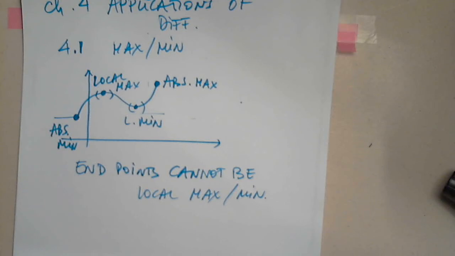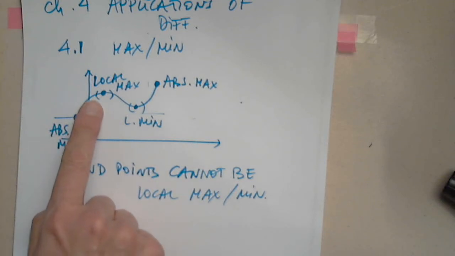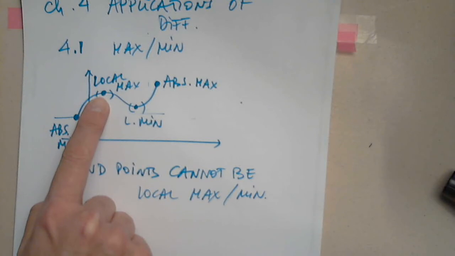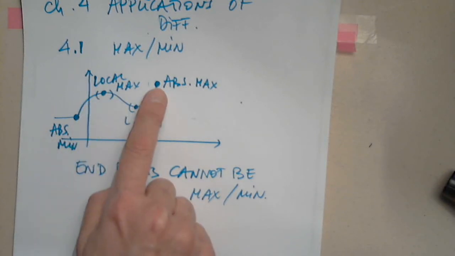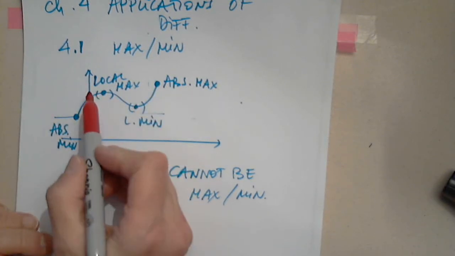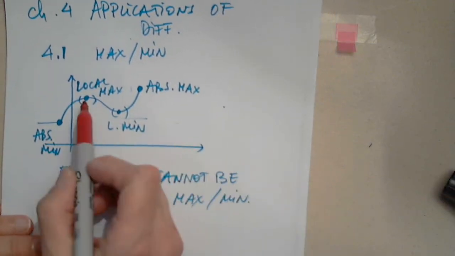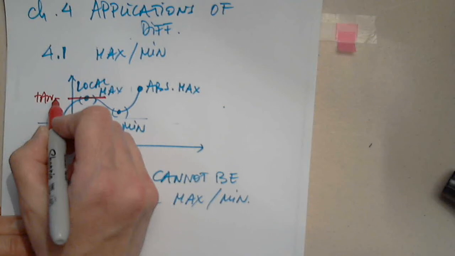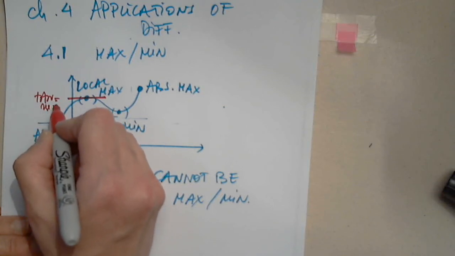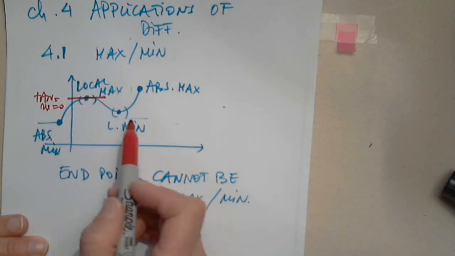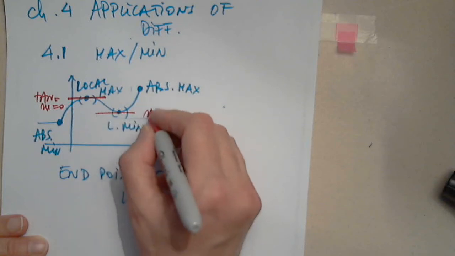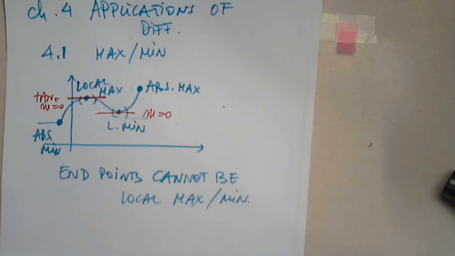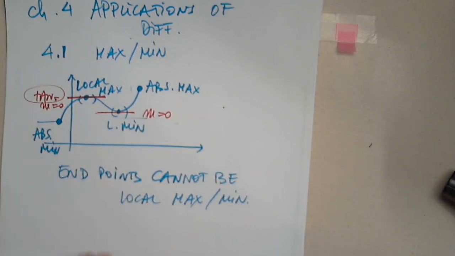What can you say about what happens at this point, which you cannot say here, and you cannot say here? You have to say, or hopefully we understand, that the tangent at this point has a slope that is 0. The tangent at this point also has a slope that is 0. But what do we know about the tangent?